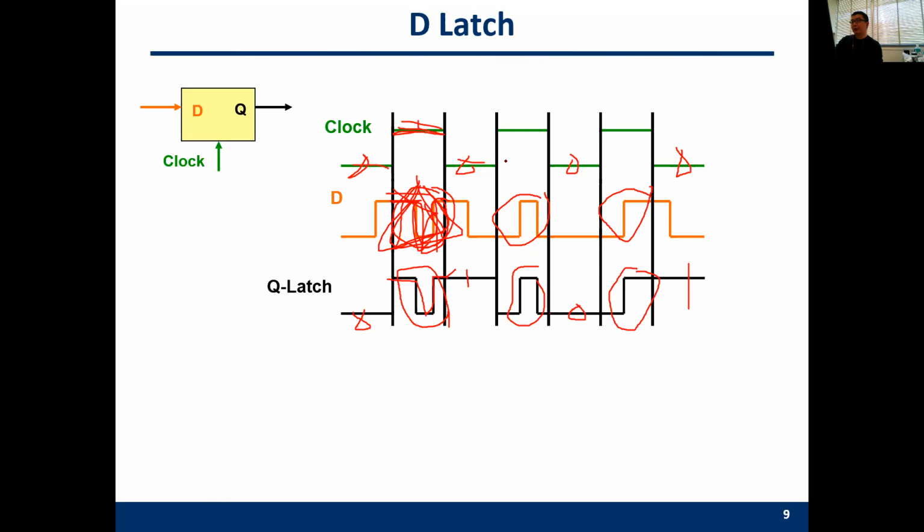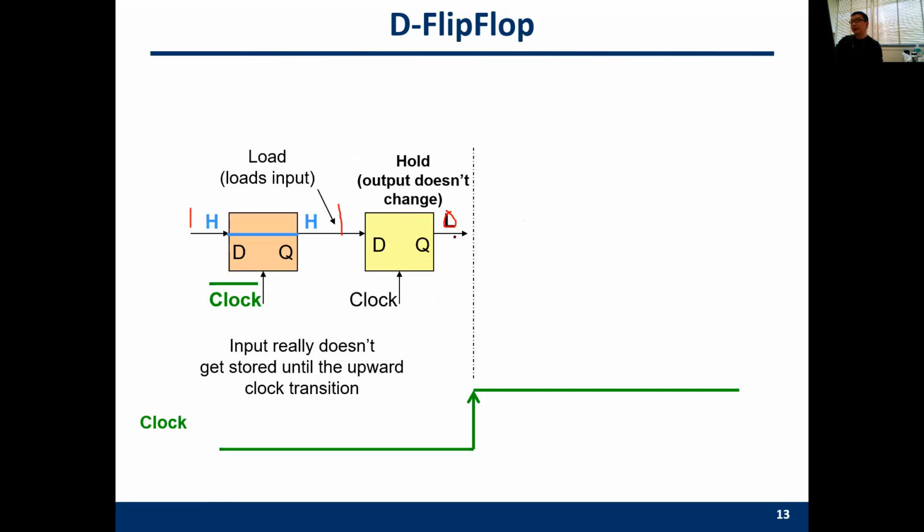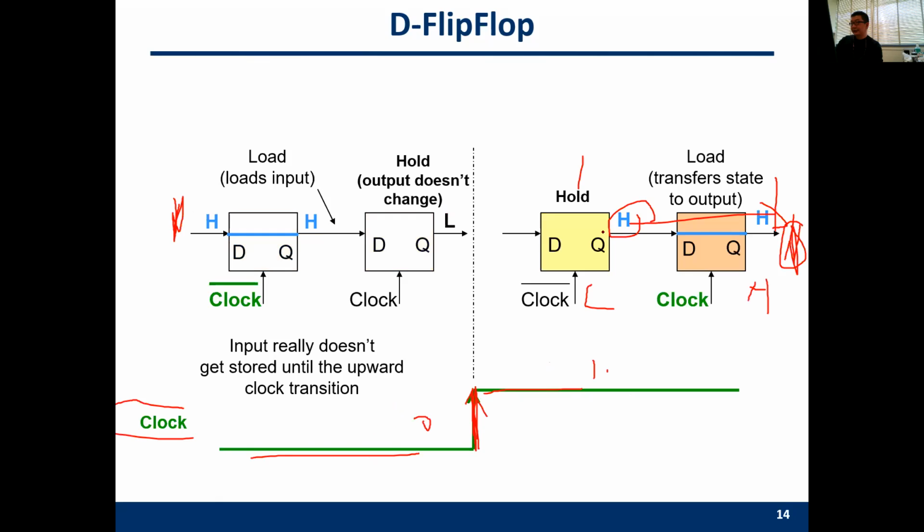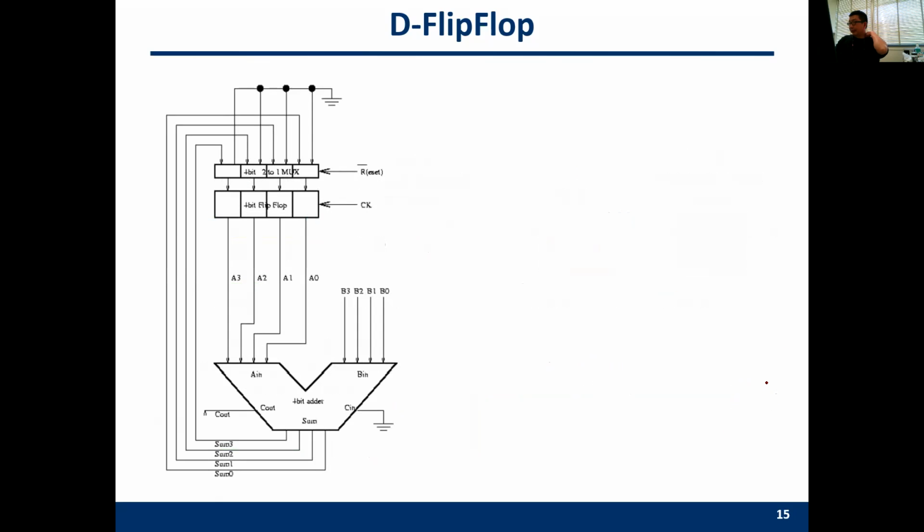Everything is triggered by the clock level. On the contrary, the D flip-flop here is triggered by the edge. It actually does not care about the voltage of the clock, whether it's a 1 or 0, it doesn't matter. But this flip-flop is sensitive to the change of the clock. When the clock changes from 0 to 1, the flip-flop will change. Also, when the clock changes from 1 to 0, the D latch also will change. So it's triggered by the edge.